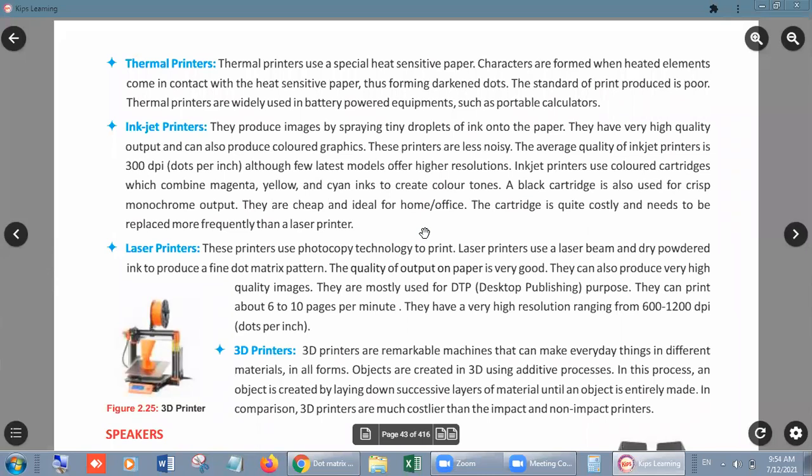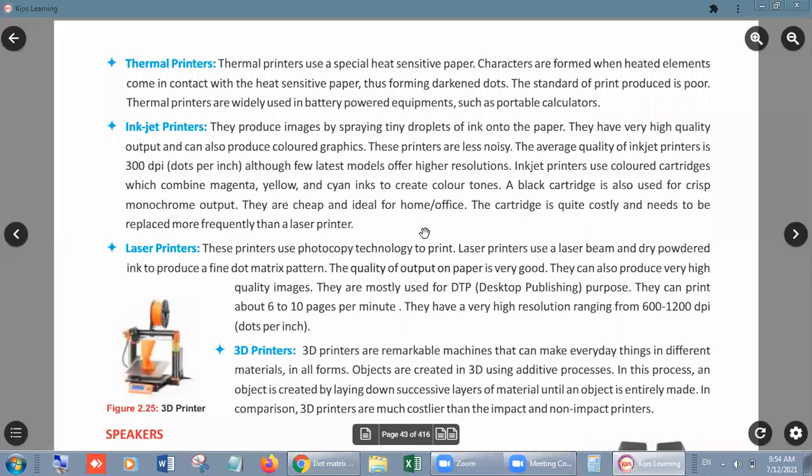The cost per paper was very low, you can say. But when we are talking about professional use, when we need some colored output, then they were very costly, right? Because the cartridge was very costly. Clear? Now next comes laser printer.